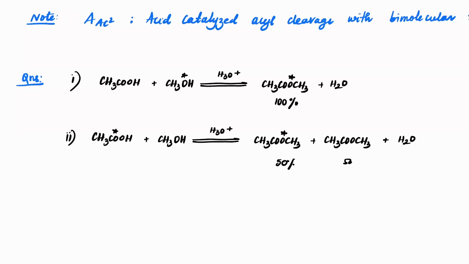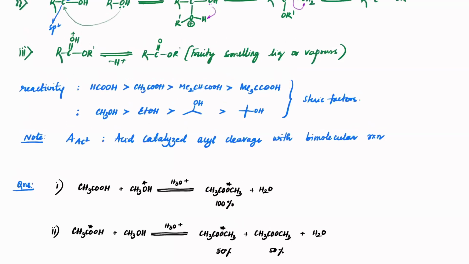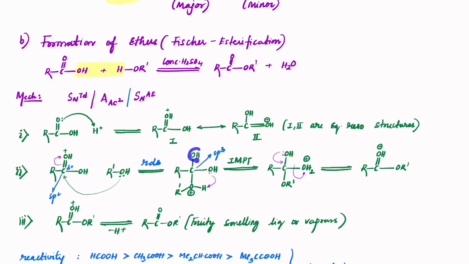You can notice this going back to the mechanism here. While I told you that whether this OH or this OH, any one of them can take the proton from here and that can go as a leaving group, isn't it? So which means probability of removing this OH group or this OH group is 50-50 percentage.